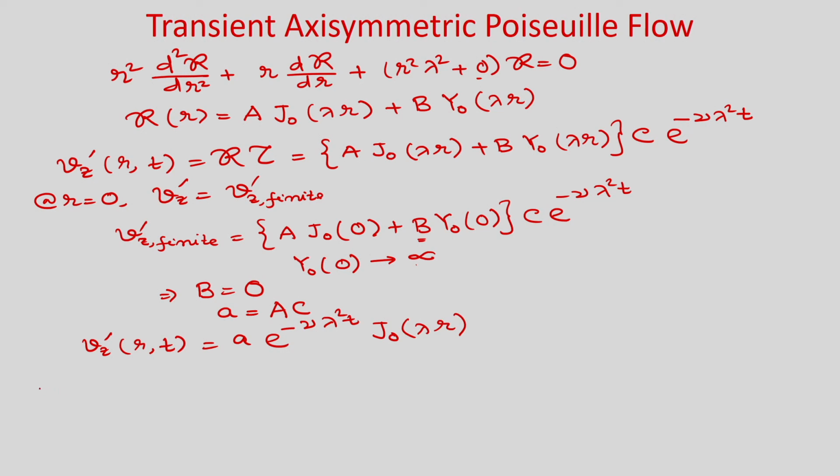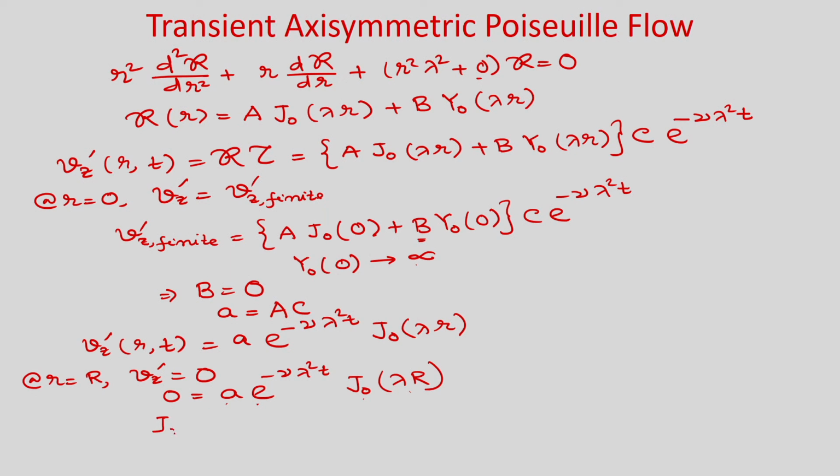Now you apply the other boundary condition: at r is equal to capital R, v_z prime is equal to 0. If it is 0, then the left hand side is 0, we have a e to the power minus nu lambda square t J0 lambda R. Now, you can see this constant cannot be 0, otherwise you will not get the solution, right. This term is not 0. So, J0 lambda R must be 0.